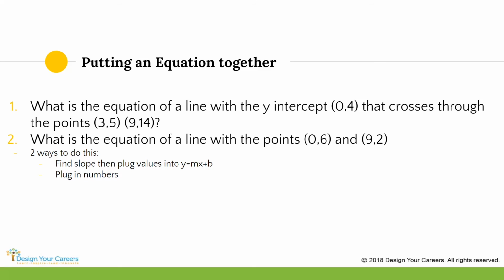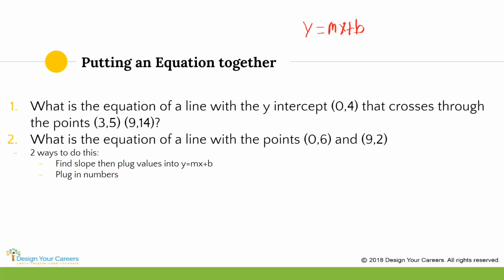Now, at this point, we should understand the basic structure of how to write a linear equation, and that is y is equal to mx plus b. All right, and we understand what these values mean, where y is that y outcome that comes out when you plug an x value into the equation, m is the slope, and b is that point where that line crosses that y-intercept that we talked about.